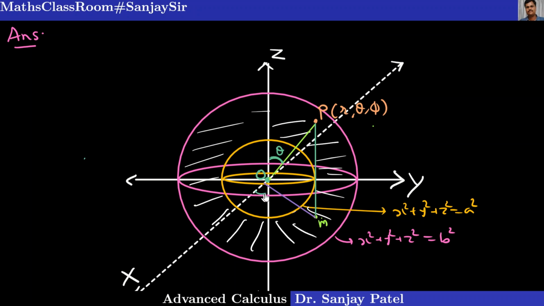The angle made by the line segment OM with the x-axis is phi. And our region of integration is the volume between the two spheres. So phi starts from this point and goes on and takes the full round, and you will get phi varying from 0 to 2 pi in this region.